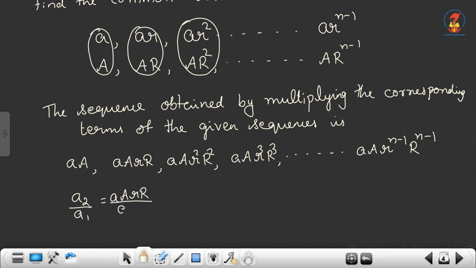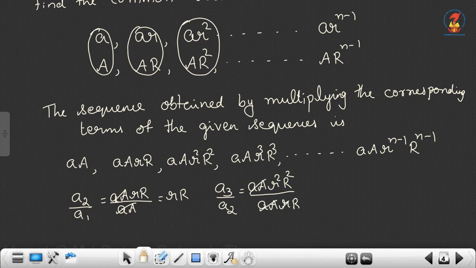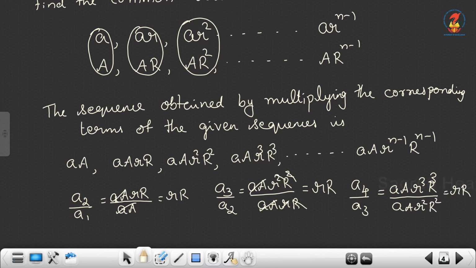So what is second term by first term? a A r R by a A, that is rR. Now third term by second term, r square R square by rR. rR cancel, again we get rR. Then a4 by a3, that is also same. r cube R cube by r square R square. So again we get rR.